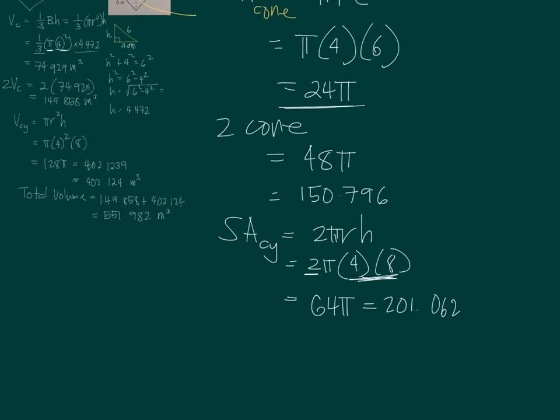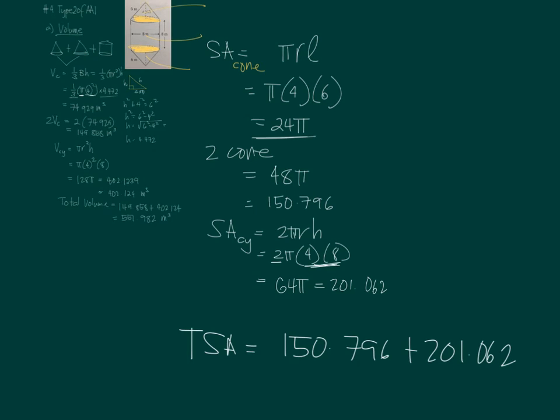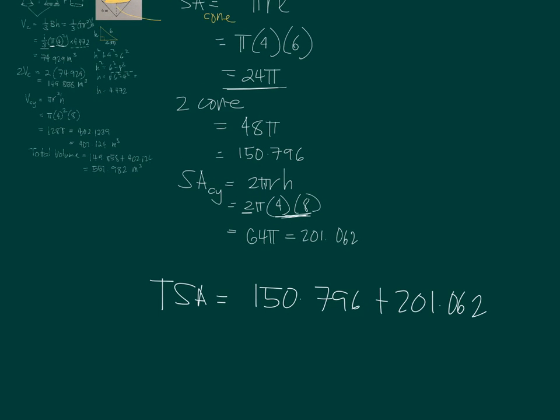Adding the two surfaces, the total surface area TSA is 150.796 plus 201.062, and that is equal to 351.858 m squared.